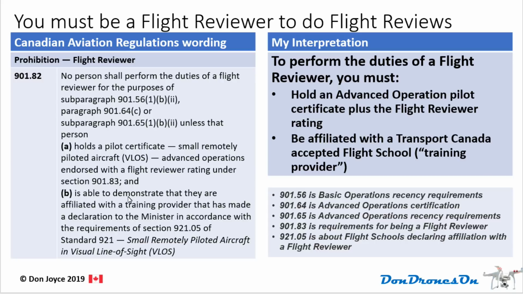So the rules are very complicated with lots and lots of references, but essentially what they're saying is they're talking about the basic operations recency requirements, the Advanced Operations Certificate and its recency requirements, and 901.83, which is the next rule we'll talk about, which are the requirements for being a flight reviewer, and 921.05, which is in that other standard, which talks about flight schools declaring affiliation with a flight reviewer.